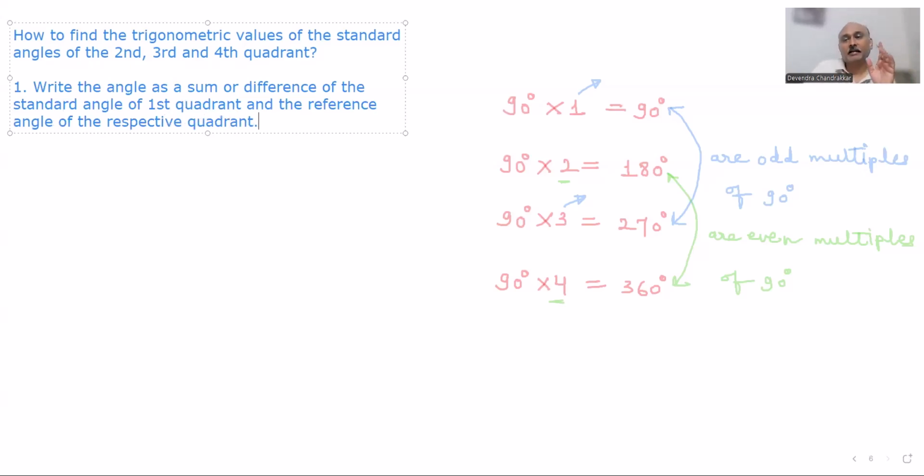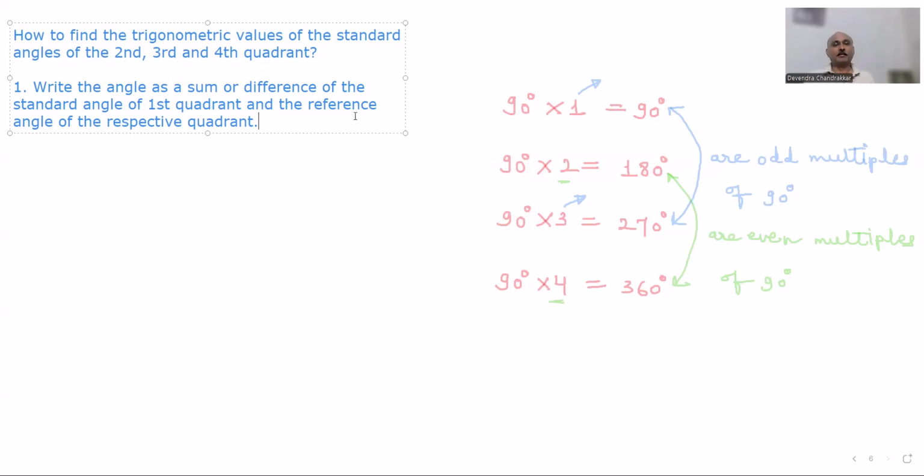Whichever quadrant that angle belongs to, whatever angle you want to find sine, cos, tan of, see what the reference angles are. Then see which standard angles, when added to these angles, will give us the same angle, right?